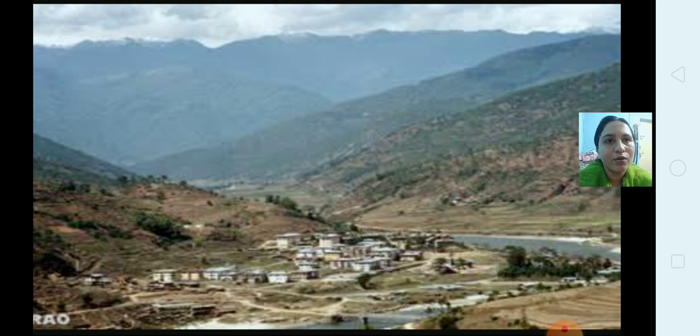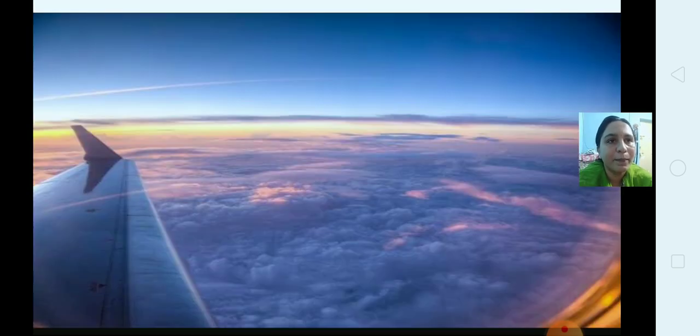But now let's move a bit higher. Now from an aeroplane, you can see that actually it is some sort of curve. You can see the curve here.